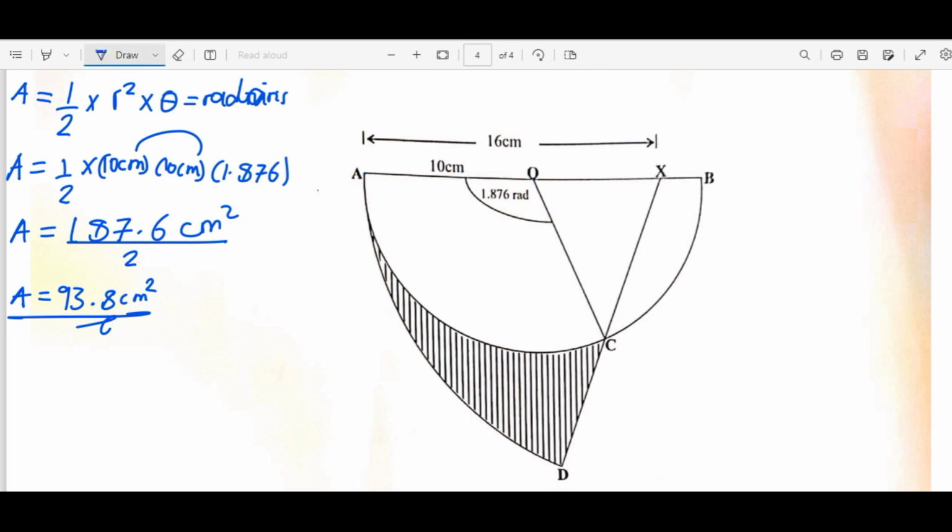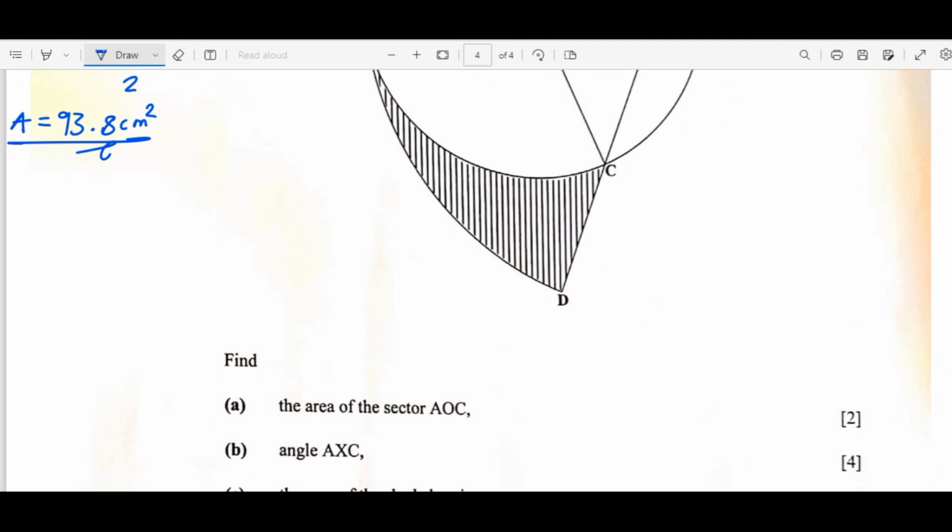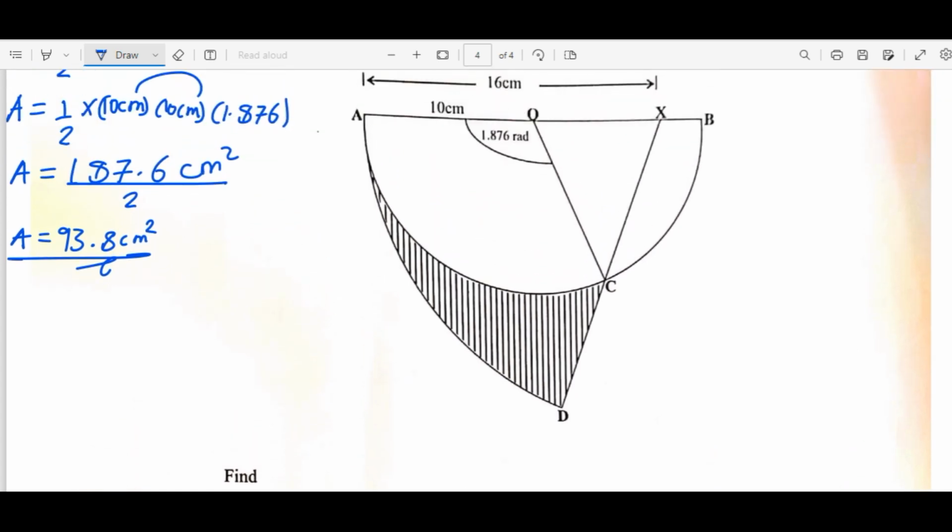Let's move on to question B. Under question B, we want angle AXC. So let's look at the AXC. The middle letter represents the position of the angle. So this angle is our angle of consideration.